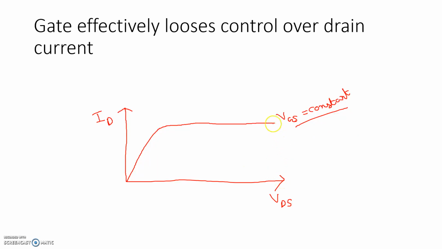Now what will happen at very high value of VDS? The avalanche breakdown will occur, and in breakdown the current increases rapidly with a very small change in voltage. Although you increase the voltage by a very small amount, the current will increase by a very large amount. So the current will increase like this, a very high increase in the drain current ID due to a very small increase in VDS.